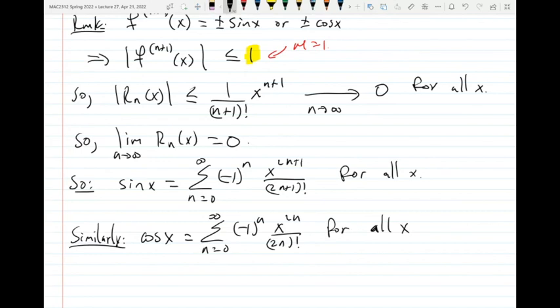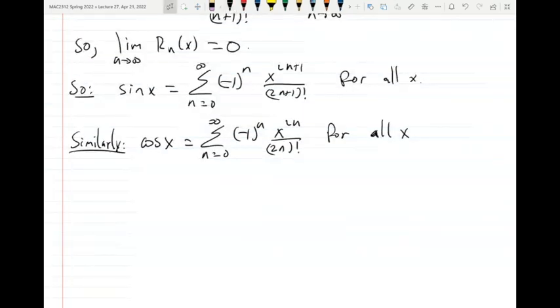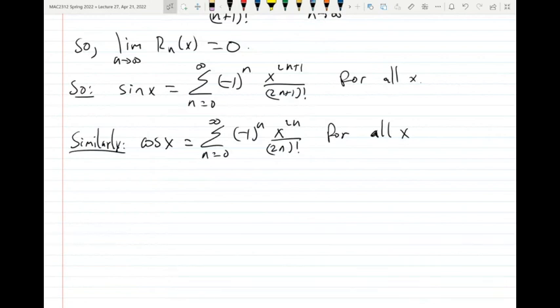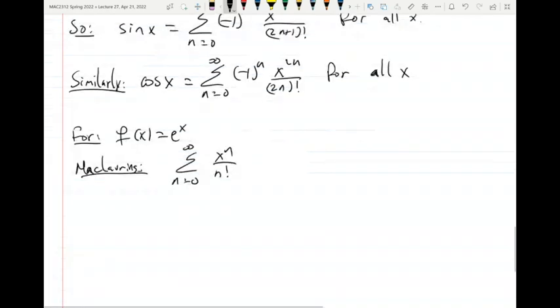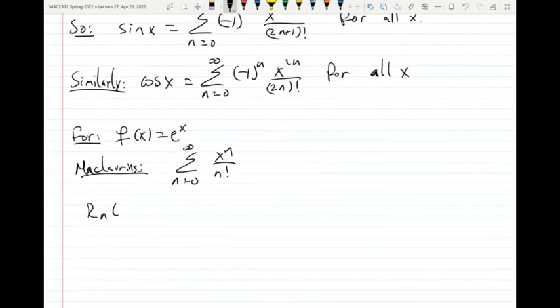And then, for e to the x, let's do it for e to the x. For f of x equals e to the x, we have the McLaurin series, the sum from 0 to infinity of x to the n over n factorial, right? So what's the error here?